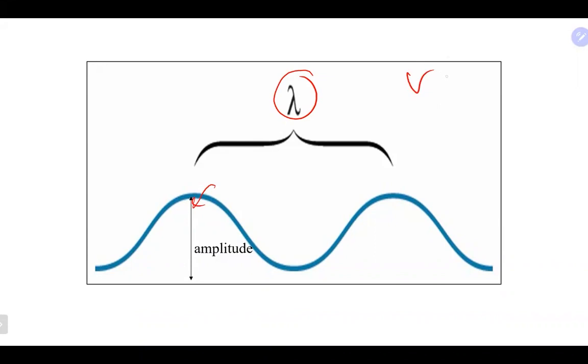Remember that the frequency has units of 1 over seconds, or reciprocal seconds. Also, a reciprocal second is a hertz. So that's a very common unit of frequency, and they are basically the same thing.